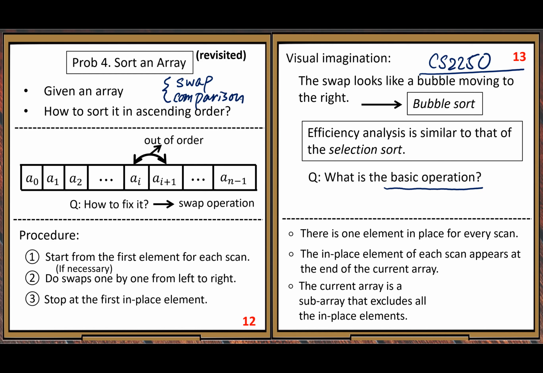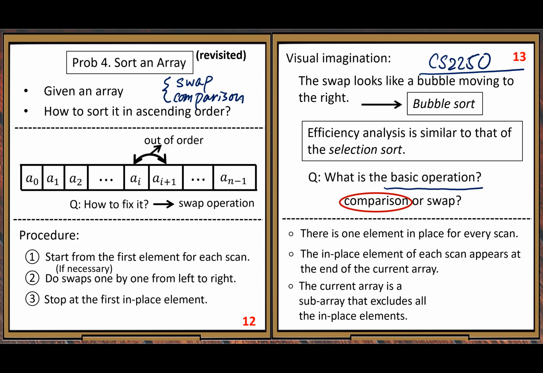So you do comparison more frequently than swap operation. That's the reason comparison is the basic operation. When you do efficiency analysis, you should count the number of comparisons, not the number of swaps. So the answer is comparison.